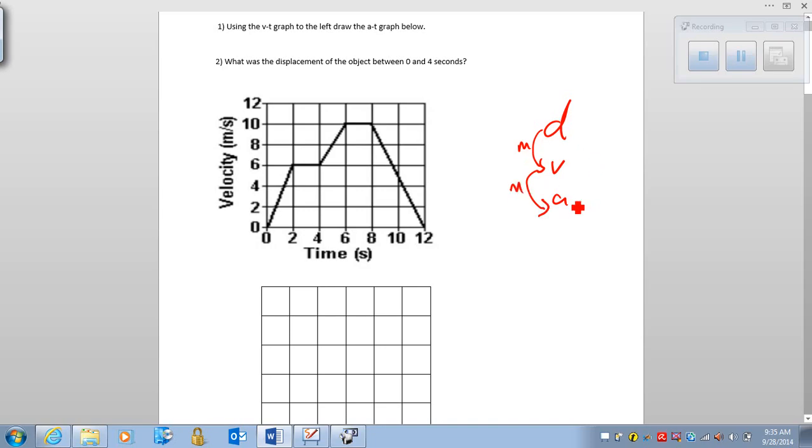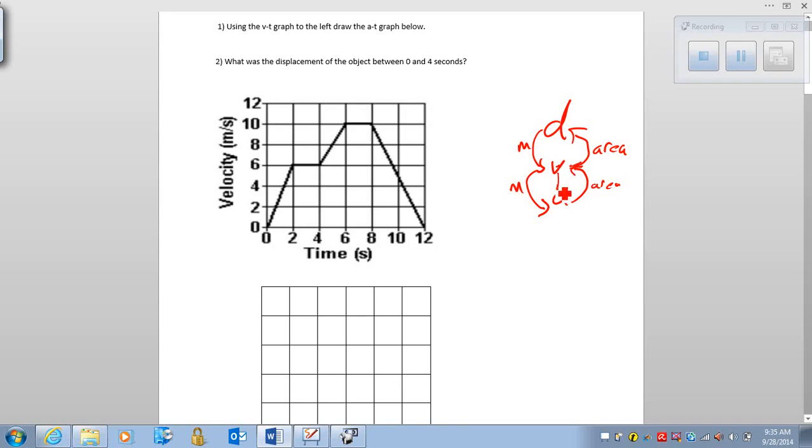However, we go up the right side, down the left side, up the right side. If I'm in acceleration, I take the area, and if I'm on velocity and want displacement, I take the area.